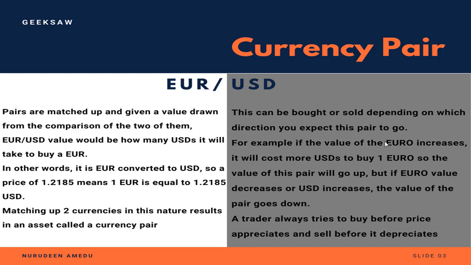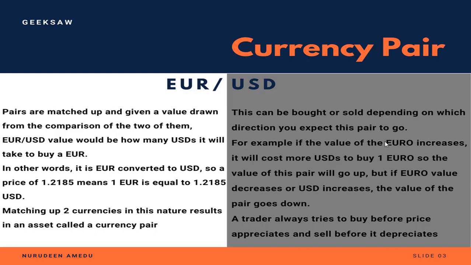A currency pair can be bought or sold depending on which direction you expect the market to go. If you expect the value of the euro to increase, for example, you just watch the news on Bloomberg and the euro economy is booming, the unemployment rate has dropped, and a lot of other factors are really positive, and you believe that yes, the euro is going up.